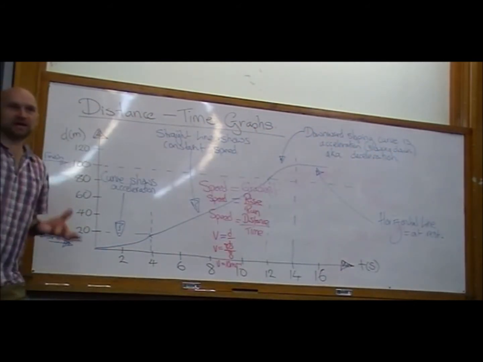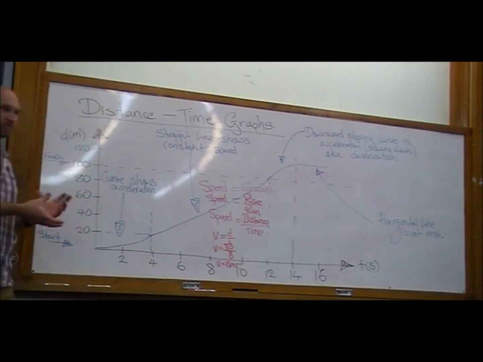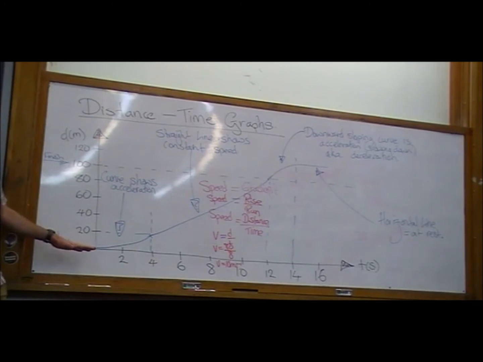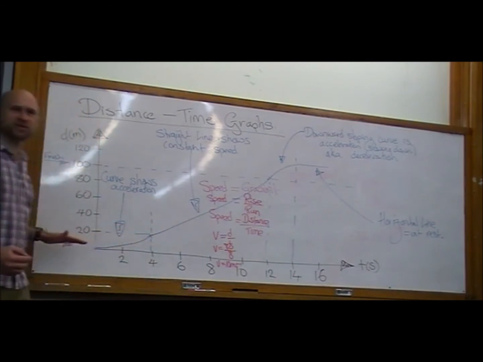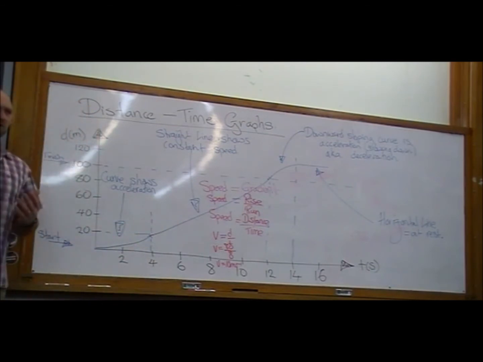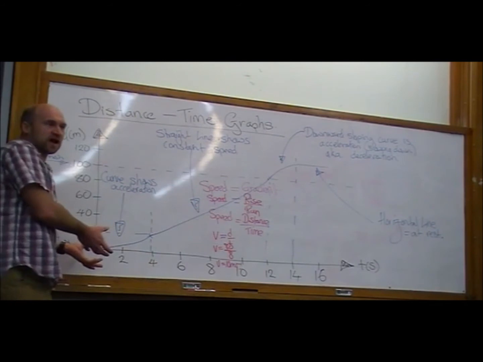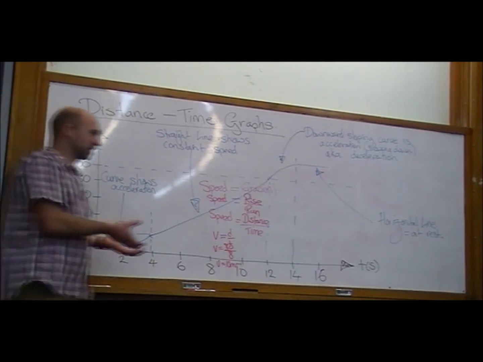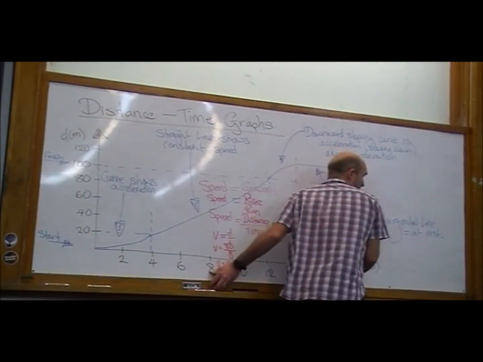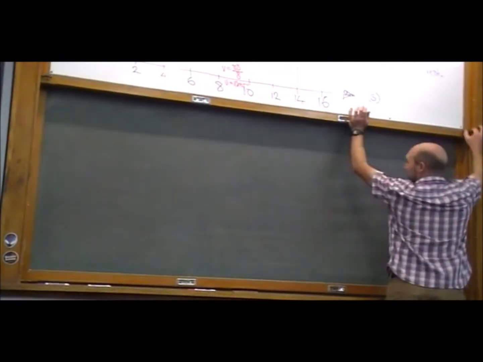And then our last and our trickiest piece of interpretation that we have to do from this graph is they could ask us, so how much is the acceleration like in this first section? So there's nothing that we can read off the graph that's going to show us the acceleration, but we can calculate it.